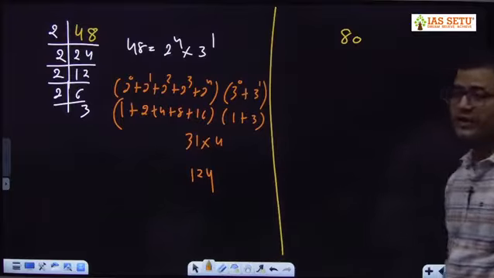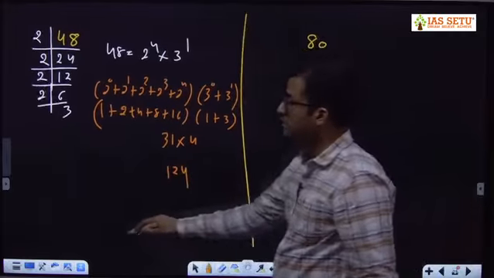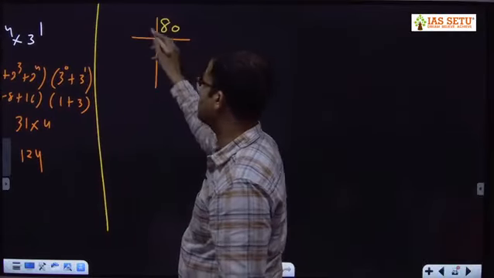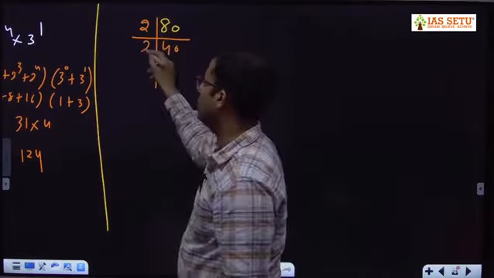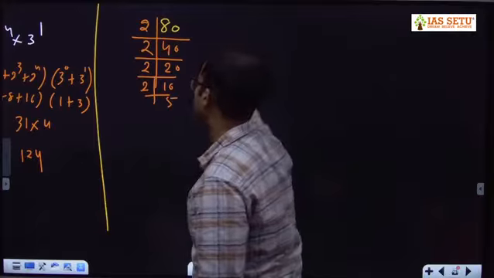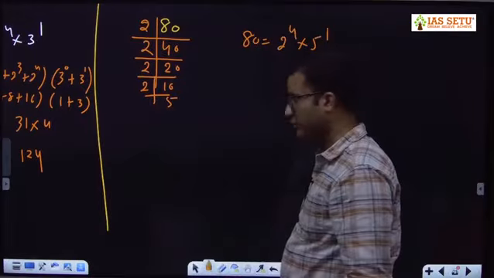Here in case of 80, what is your answer? Let me check. So step number 1, we express this in prime form: 2 common 40, 2 common 20, 2 common 10, 2 common 5. 80 here is 2 to the power 4 into 5 to the power 1.